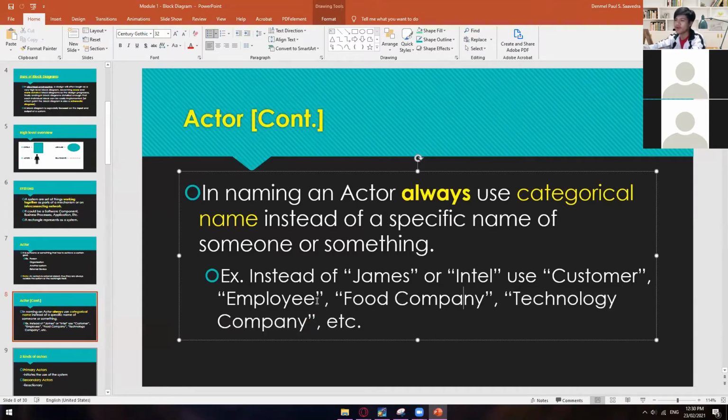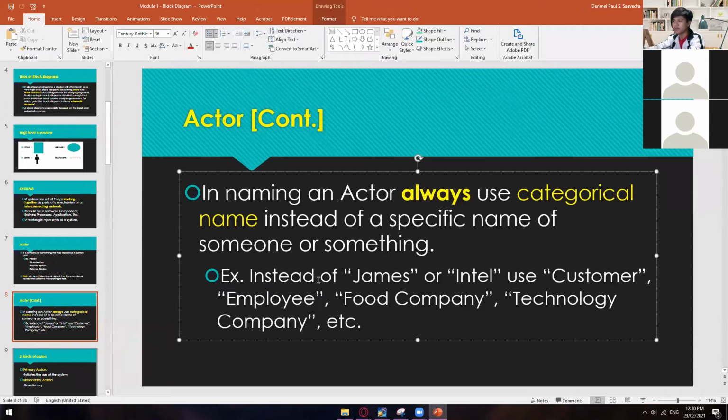Or an employee, or a food company. What's important here in an actor is do not limit it to one person or to one company. Instead, make it categorical. If it's about food, then say food company. If it's about technology, then technology company. If it's about the people who are going to use your system, then why not use customer or user? So yeah, that's it for actors.